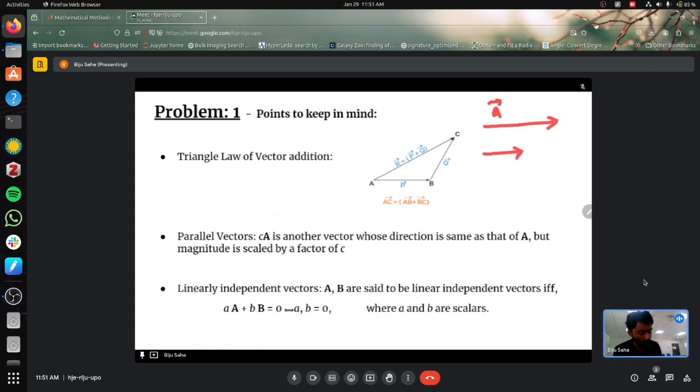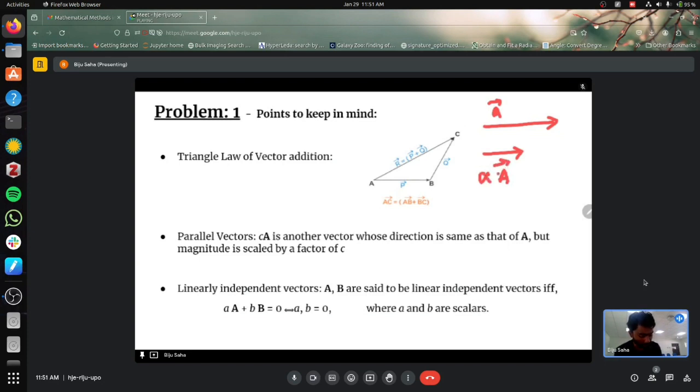Every vector has a direction and magnitude associated with it. The direction of this vector is the same as the direction of vector A, but its magnitude is not the same. Since it's smaller in length, the factor multiplying vector A will have a value less than 1.